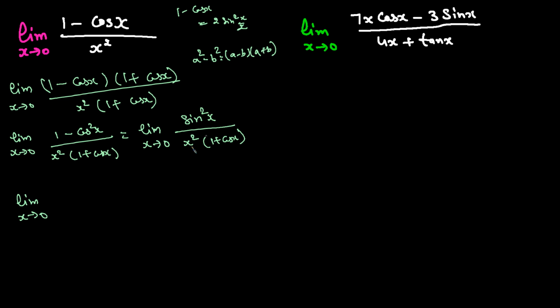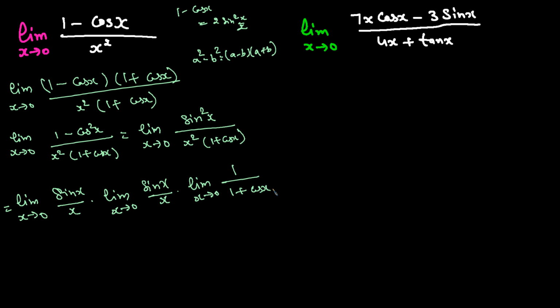Limit of sine square x over x square can be written as sine x over x, and then another sine x over x, as I'm breaking it down into 2, times limit as x approaches 0 of 1 over 1 plus cos x. So this gives me 1, and this gives me another 1, and this part gives me 1 over 1 plus 1, which is 1 over 2. Again, we got the same answer, 1/2.